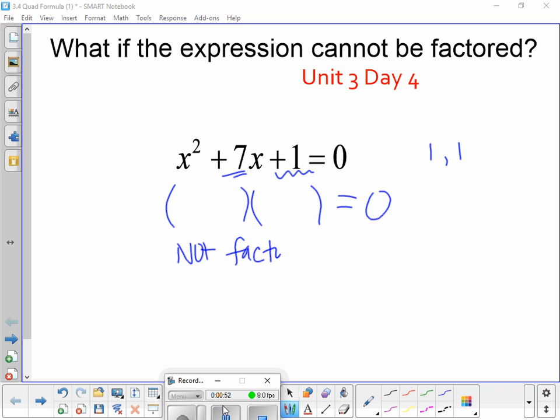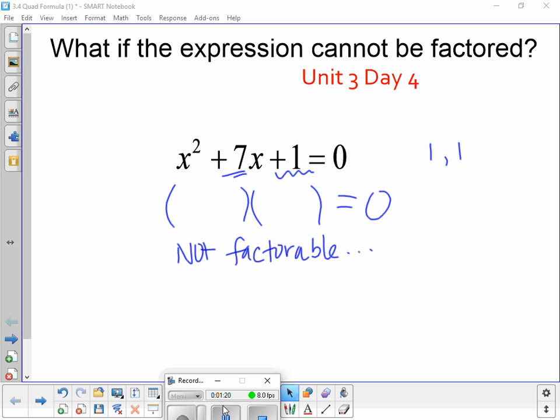Now, just because it's not factorable does not mean that it doesn't have a solution. It just means that it doesn't have a rational solution. So the solutions are probably going to be either irrational or non-real numbers like imaginary numbers, which we'll get into in a minute.